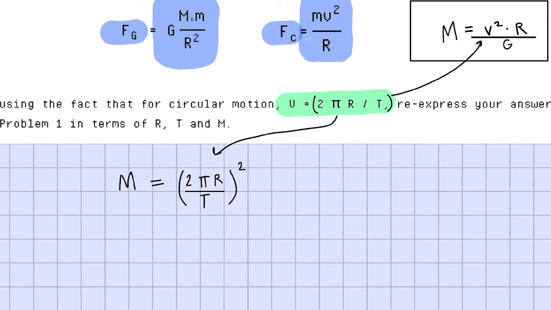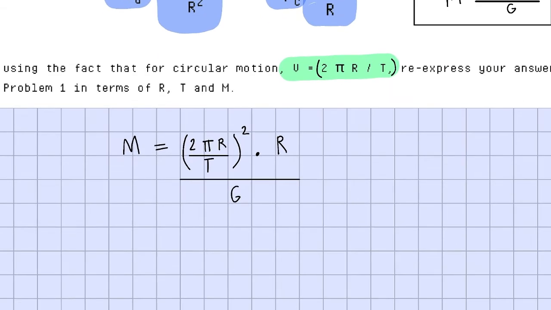And then we multiply that by r. And now the whole thing is over G. So we just substituted what v is equal to into the equation that we just solved for previously.